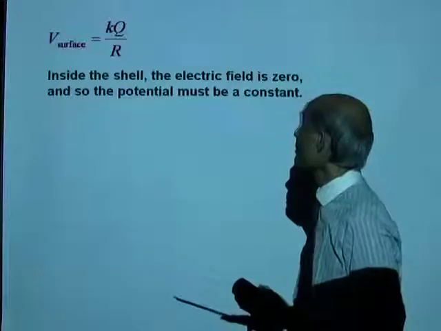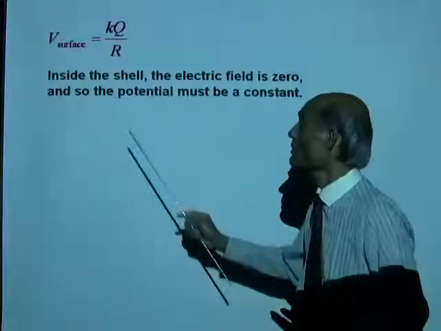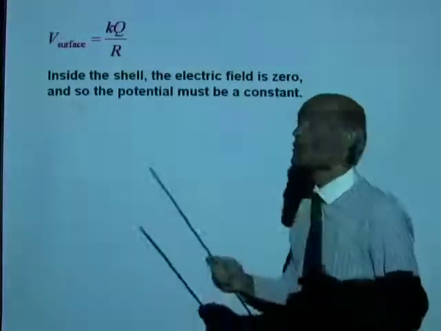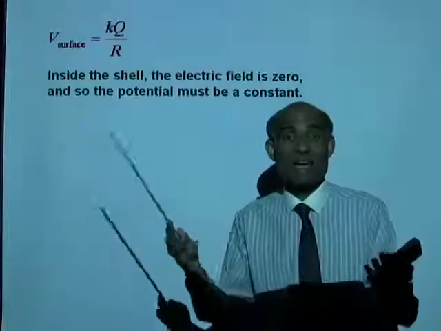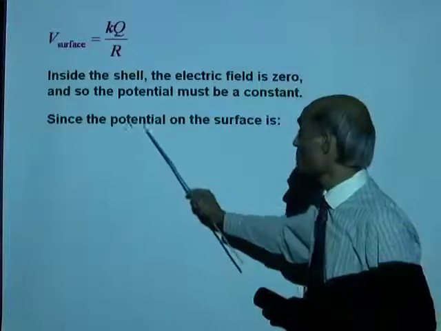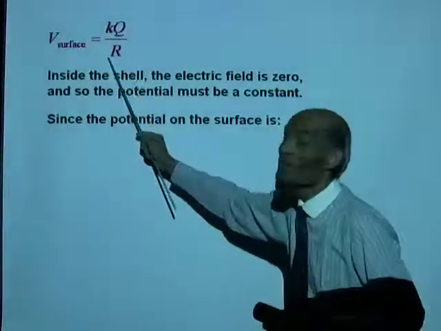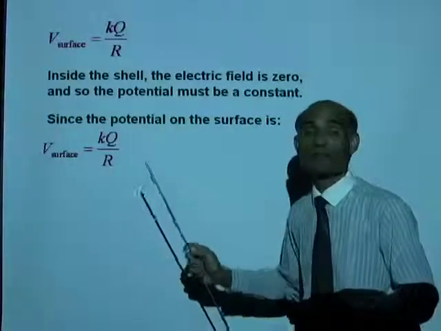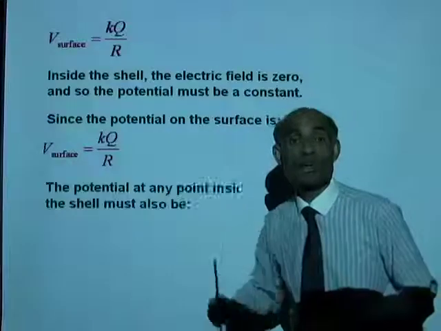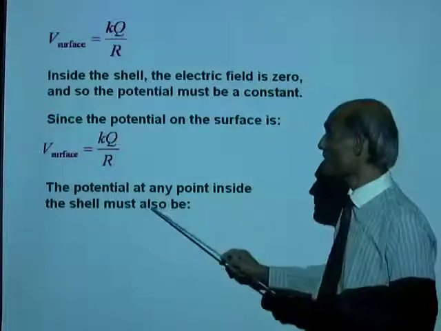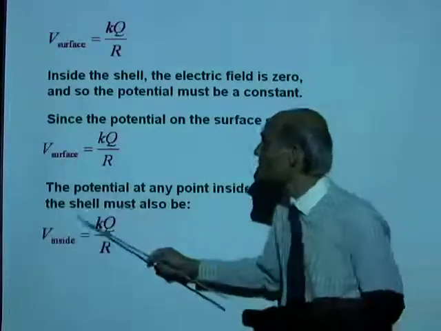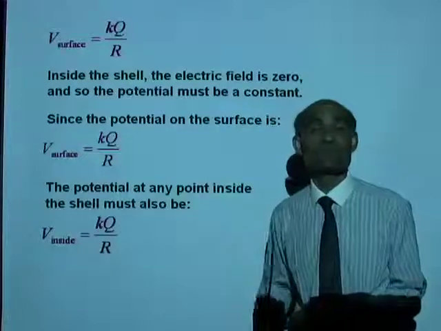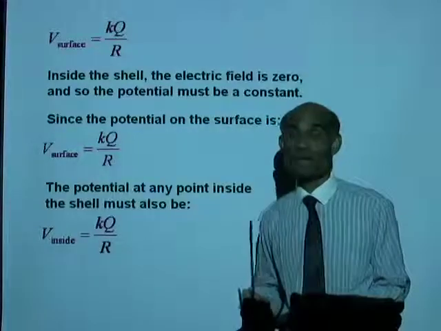Inside the shell, the electric field is 0, and so the potential must be a constant. Since the potential on the surface is kq divided by r, it means the potential at any point inside the shell also must be equal to kq over r. Alright?